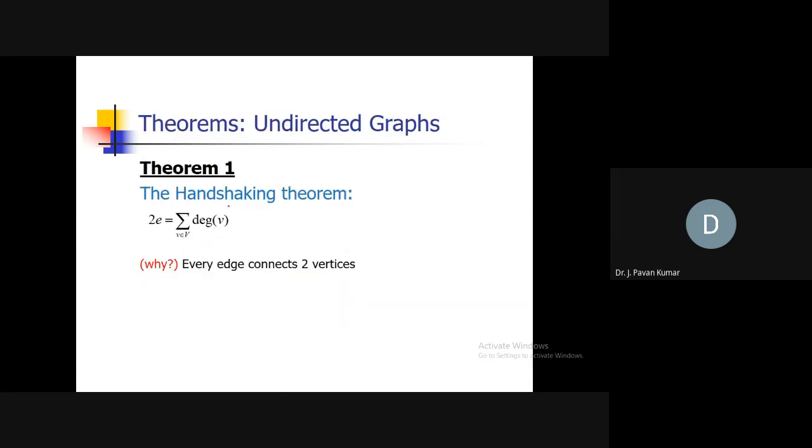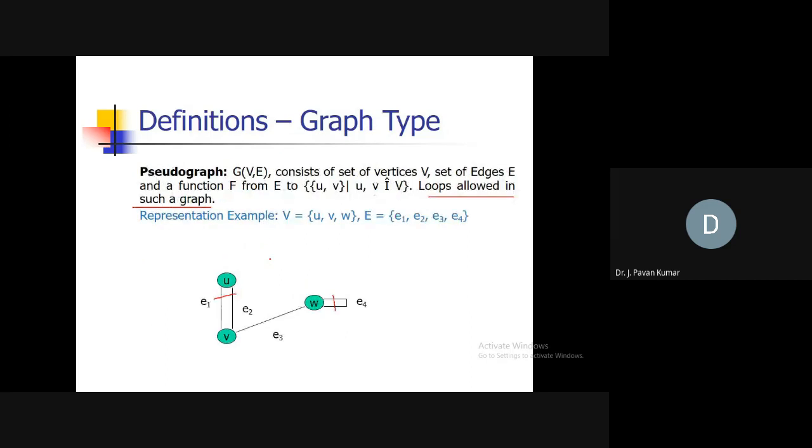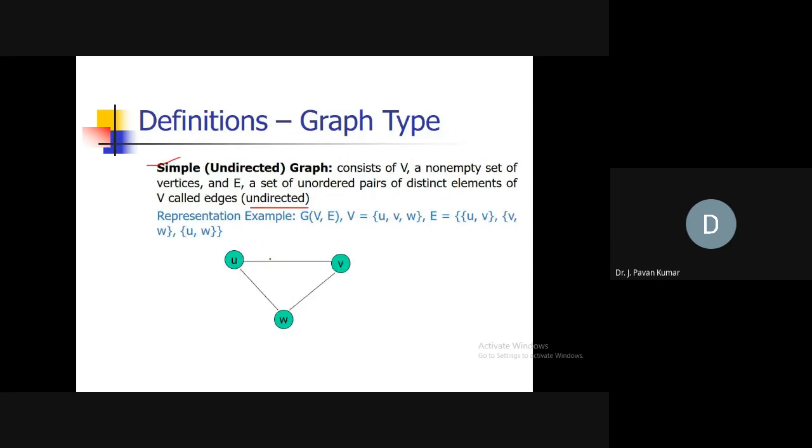Next, we have seen the handshaking theorem. It is nothing but the summation of degrees of all the vertices. Just consider any other graph. What is the degree of this vertex u? 2. What is the degree of v? 2.